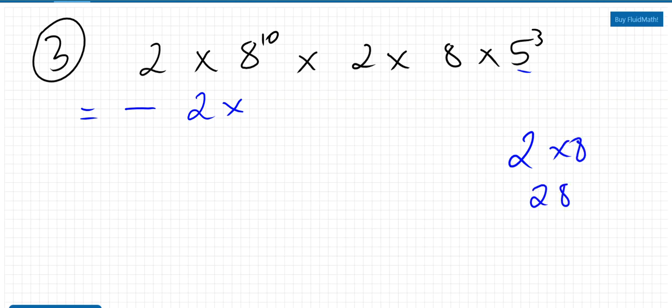So when we have numerical bases, you have to write the times down. So 2 times, and then I'll write 5 first, because 5 is smaller than 8, and then I'll write my 8 there. Do you see any other different numbers as our bases? No. I have a 2, a 5, and an 8, and that's it.